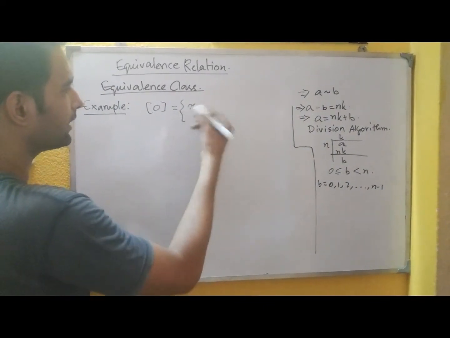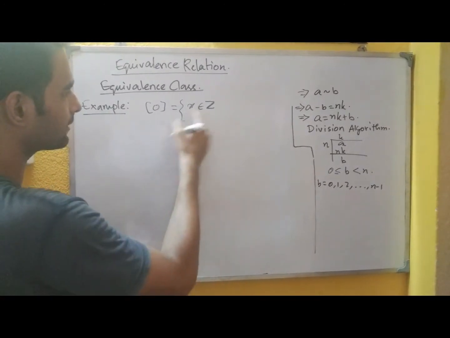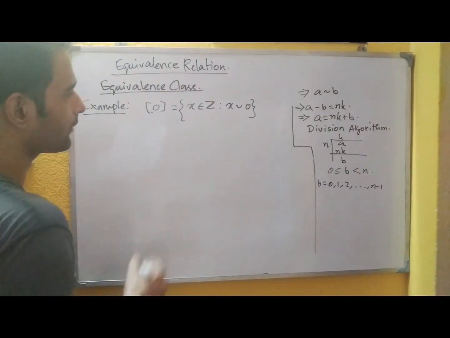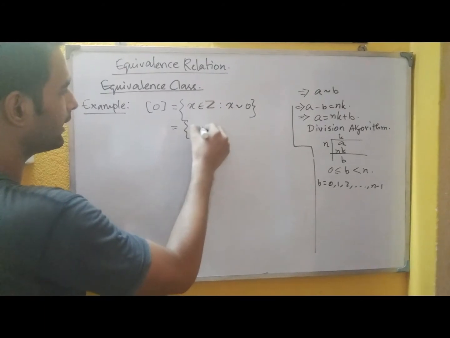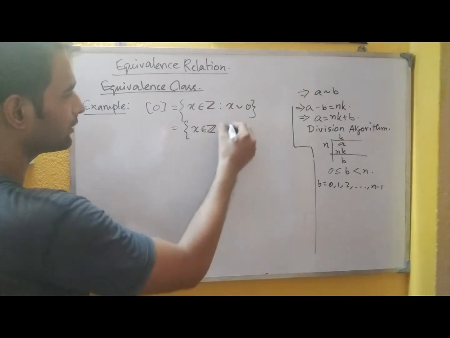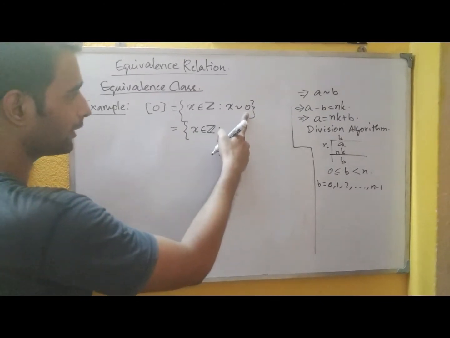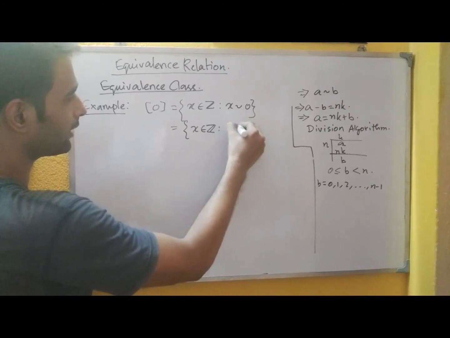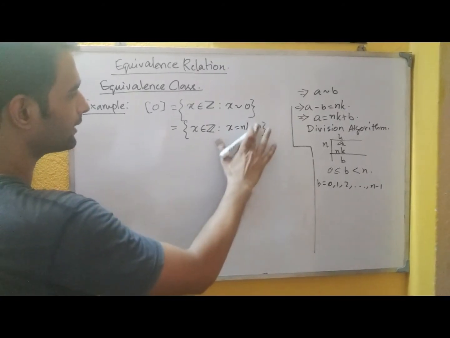We can say by the definition of class that it is the collection for integers x which are related to 0. So if x is related to 0, it means it is the collection of all the integers which leaves remainder 0 when divided by n. So here we can write it is nk plus 0 and that gives nk.